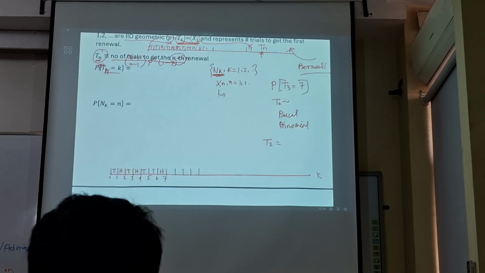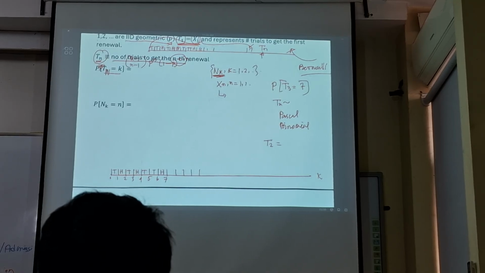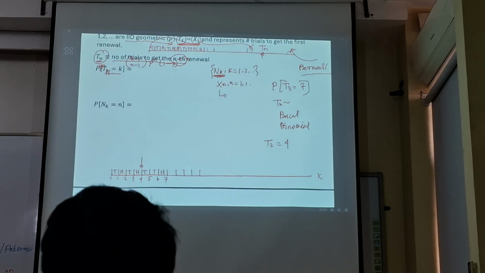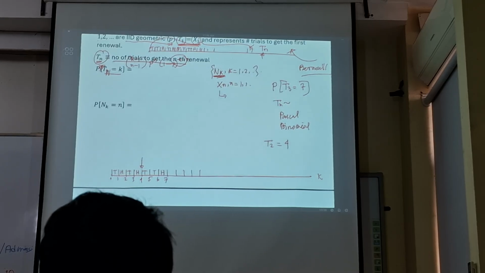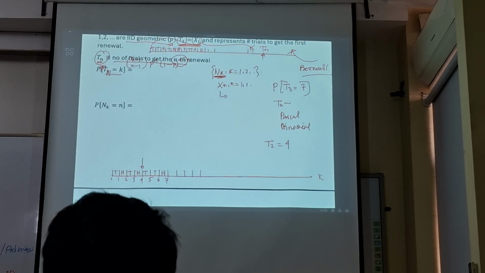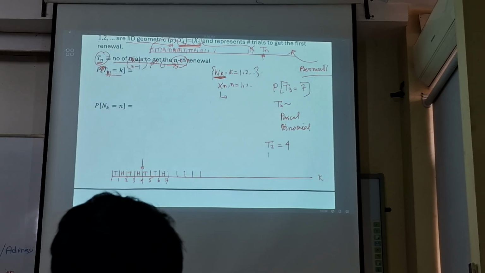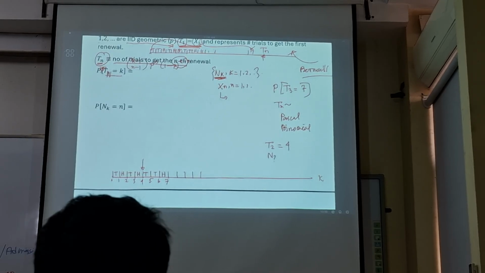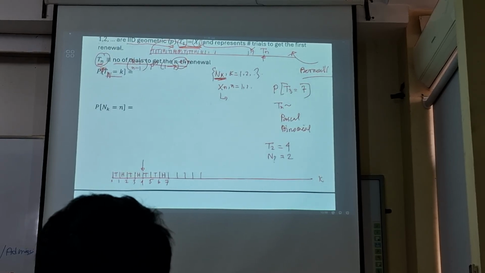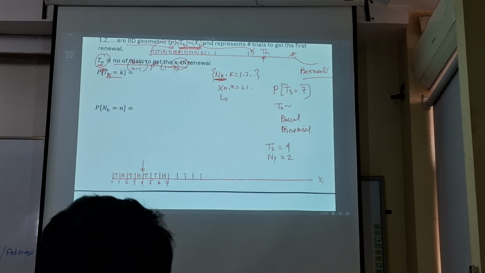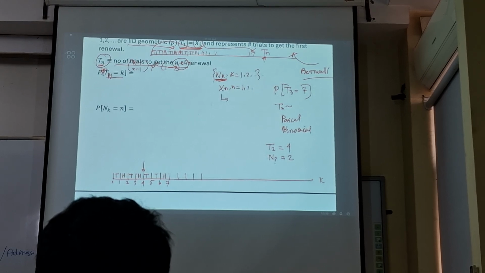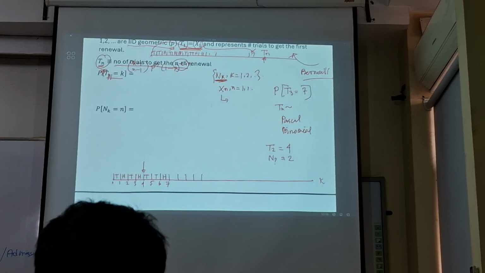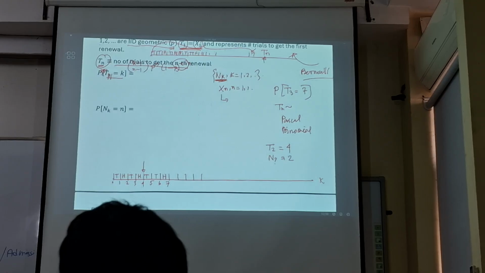What is the second head? 4. So T sub 2 is 4. Is this clear? Okay.